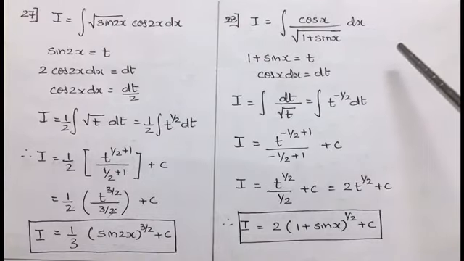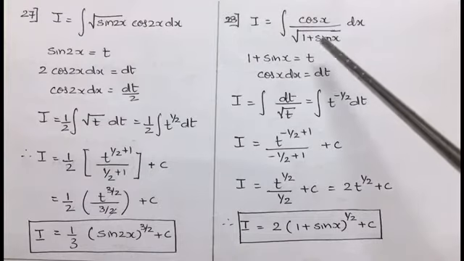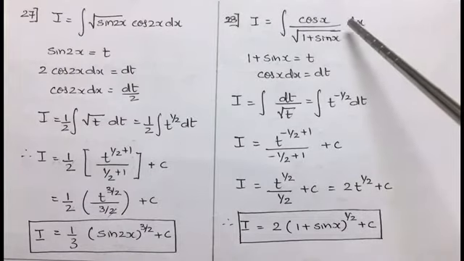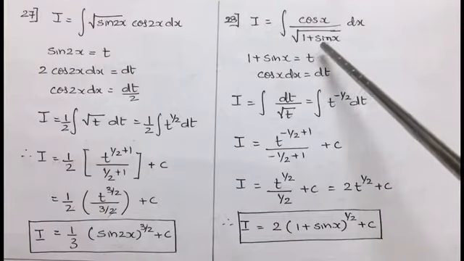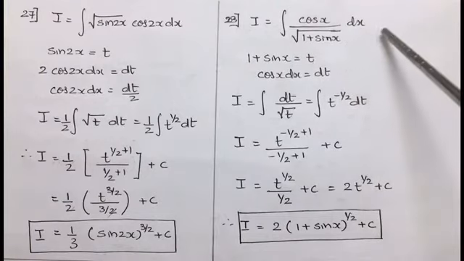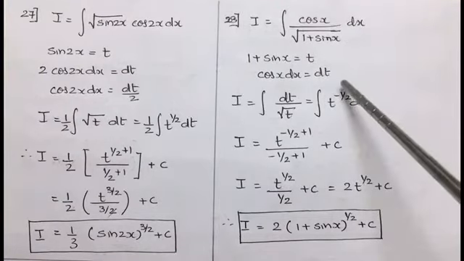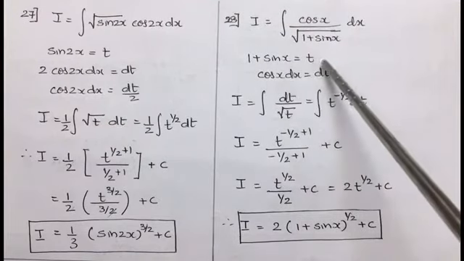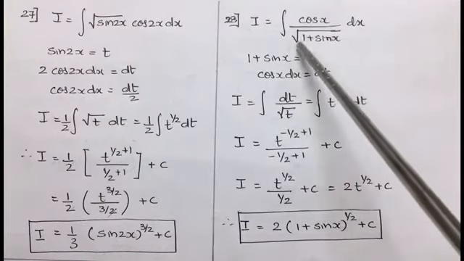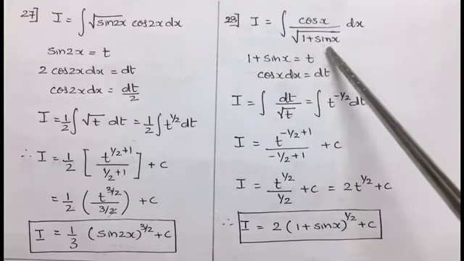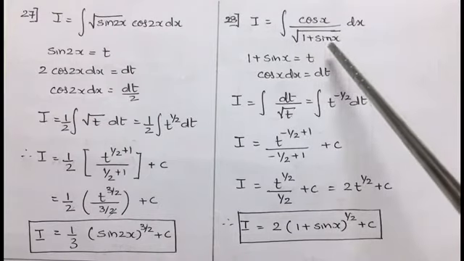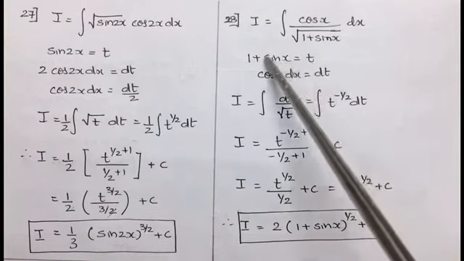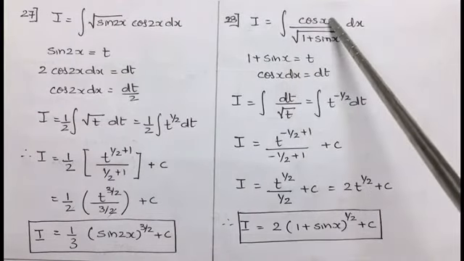28th one given is I is equal to integration cos x upon under root of 1 plus sin x dx. Now assuming here 1 plus sin x equal to t, the reason is that 1 plus sin x is taken under the root and the derivative of sin x becomes cos x.